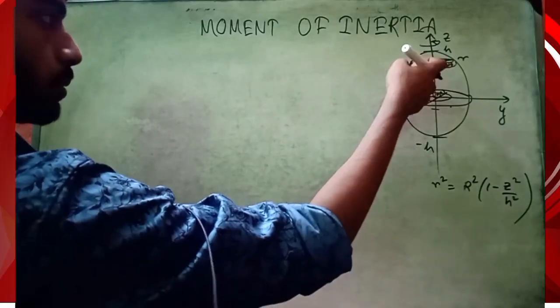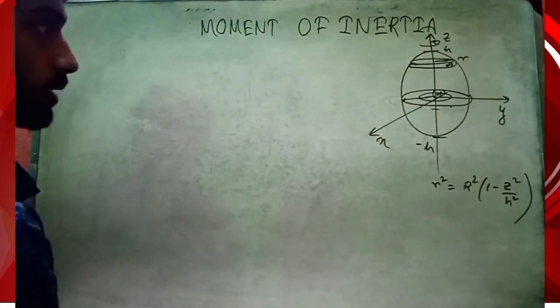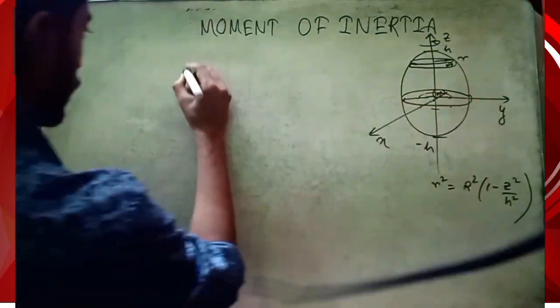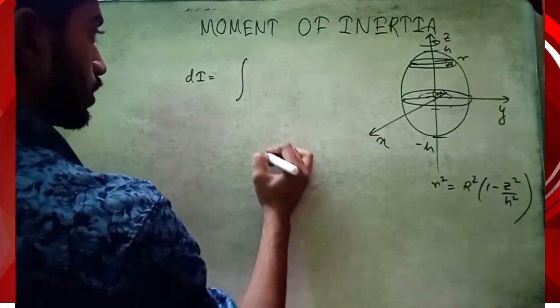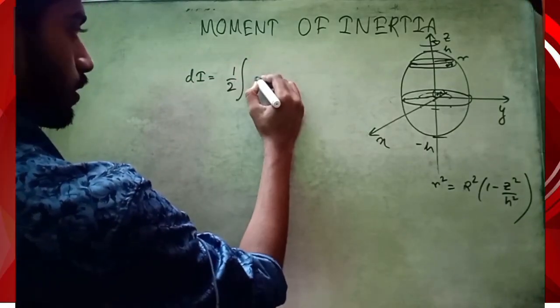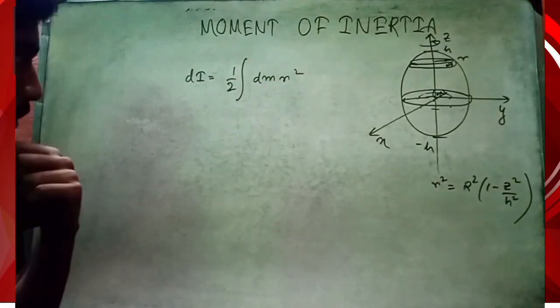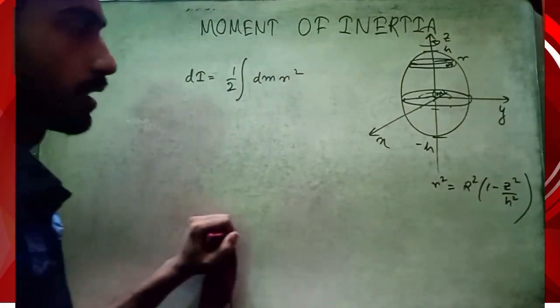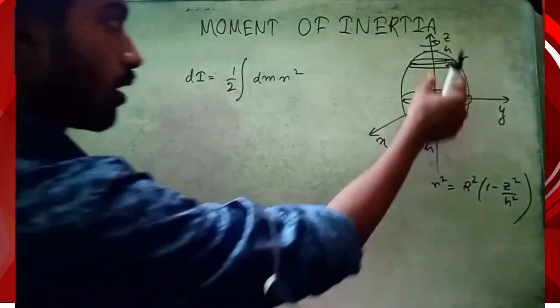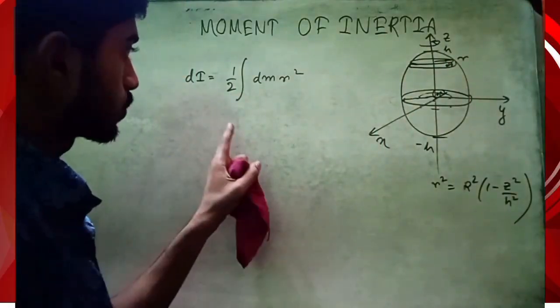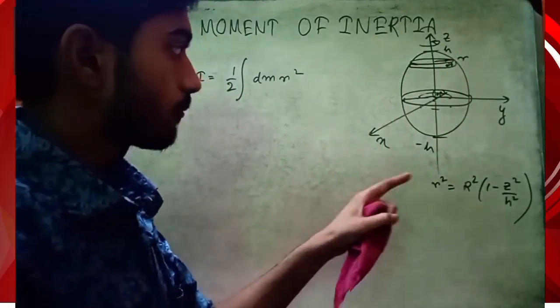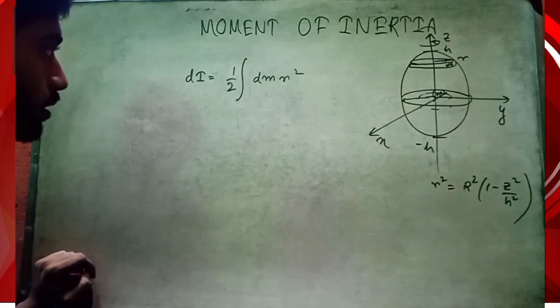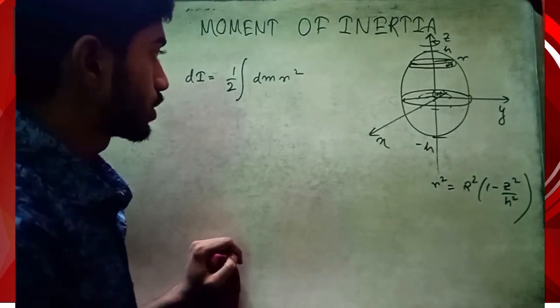So the moment of inertia of this elementary part in this ellipsoid, dI, equals half integration dm r square. Why? Because along the principal axis, when we take the principal axis along the z axis, the moment of inertia of a disc is 1 by 2 m r square. That's why we start to calculate the moment of inertia of this ellipsoid from this.